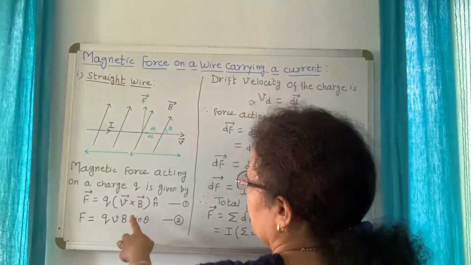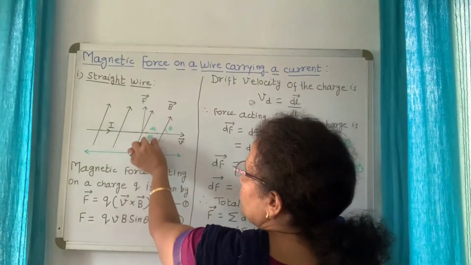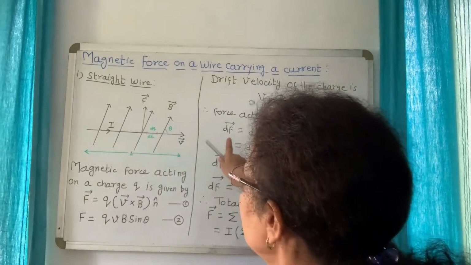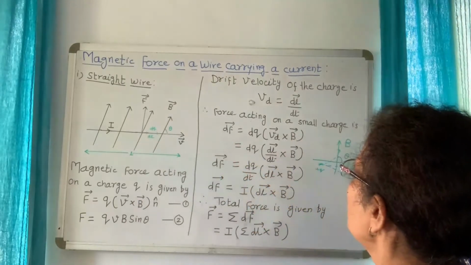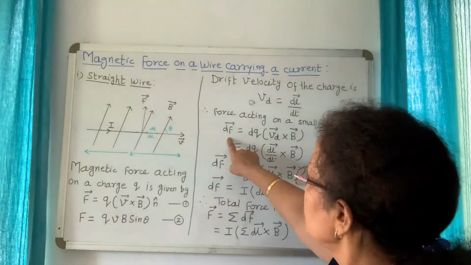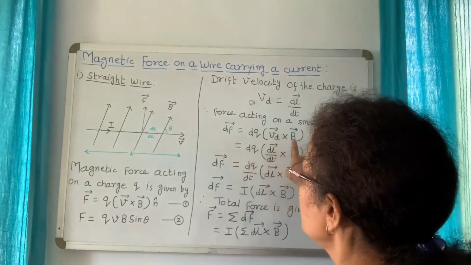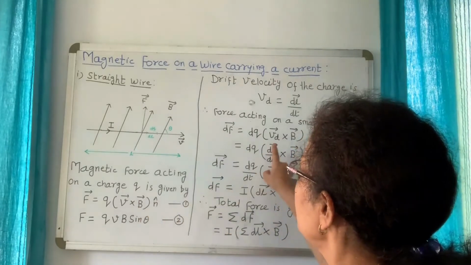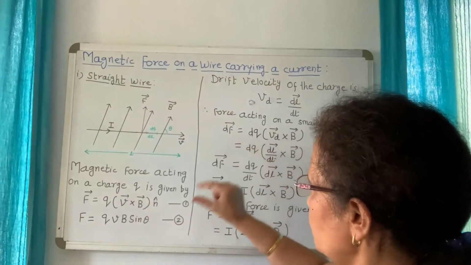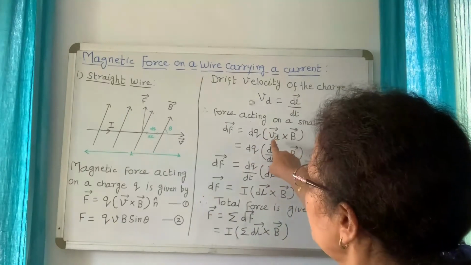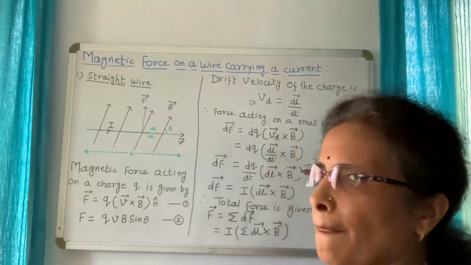Now again this equation we can write for the small length element. For the dl, the force acting is df. So df is the force acting on a small charge dq, given by df is equal to dq into vd cross b. Same equation. Q into v cross b is written as dq, the small charge flowing with the drift velocity vd cross b.